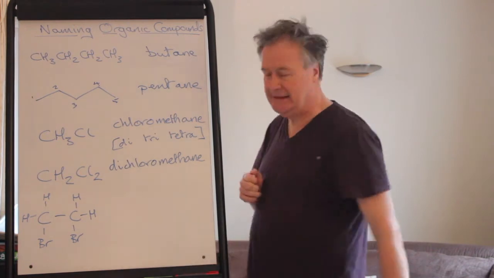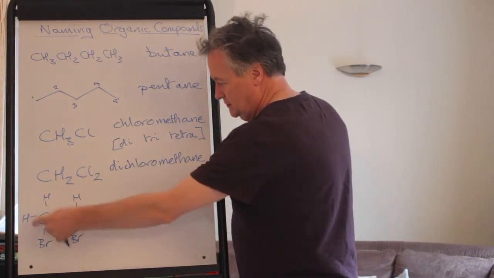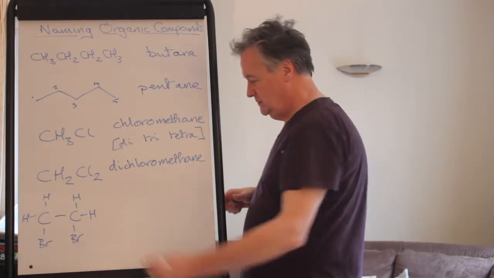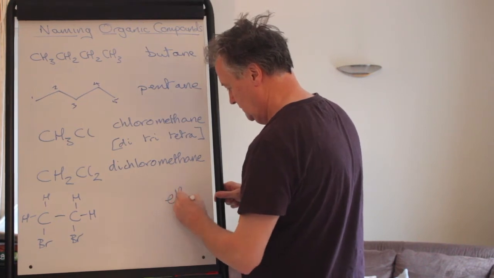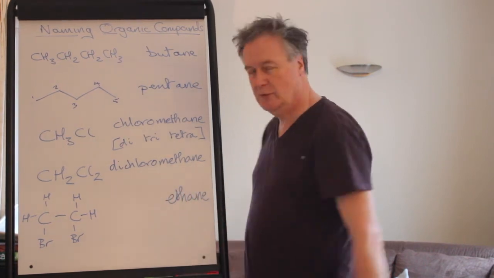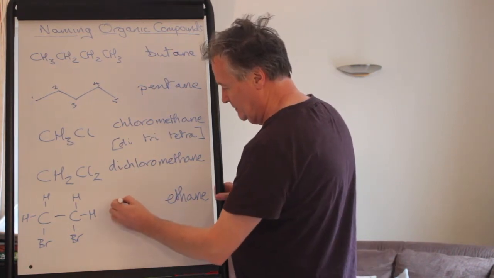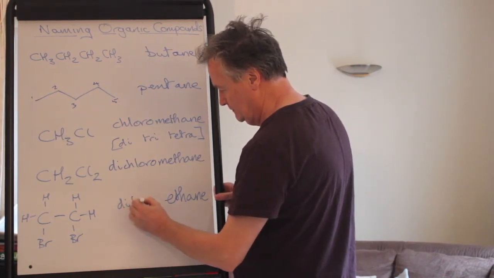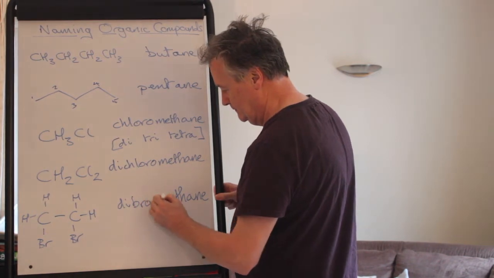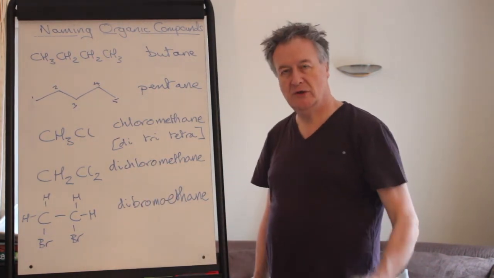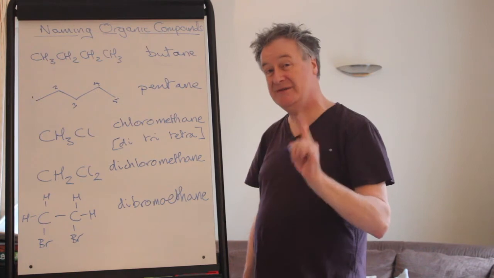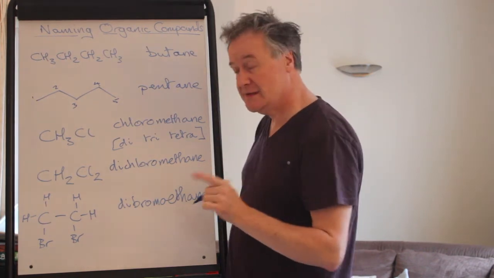And the last one here, now 2 carbons, no double bond, so it's ethane, the name is based around. It's dibromo because there are 2 bromos, but we have to say where they are. Why do we have to say where they are?